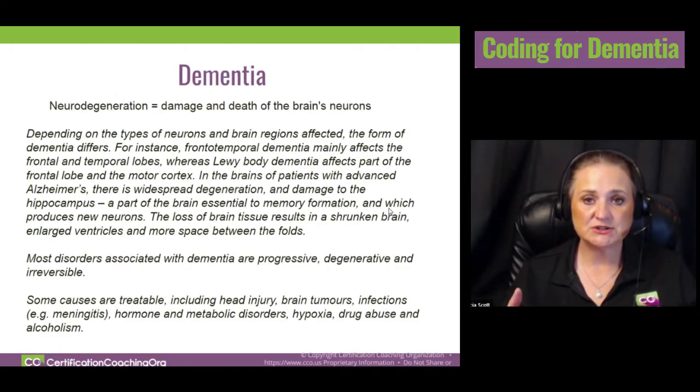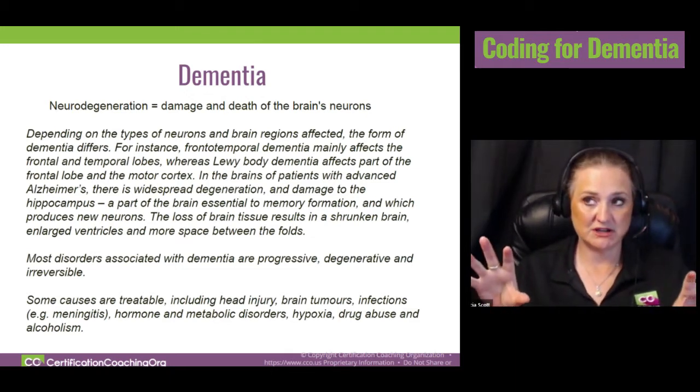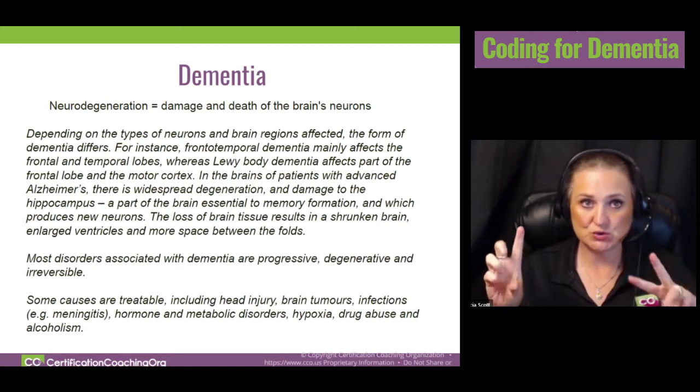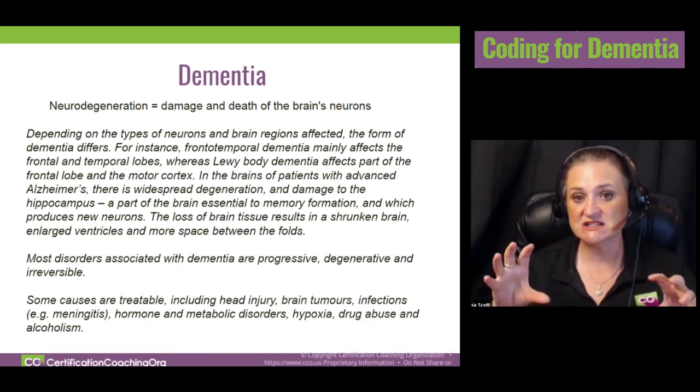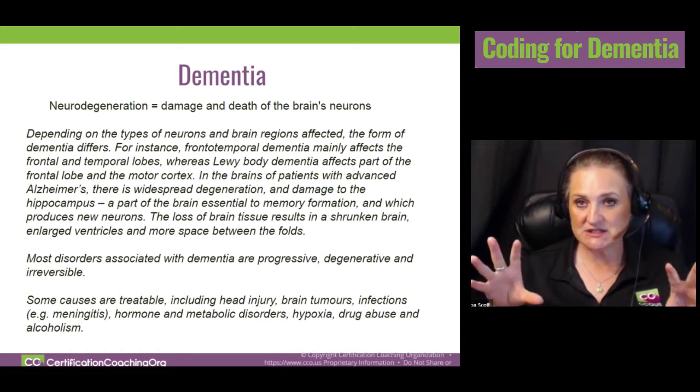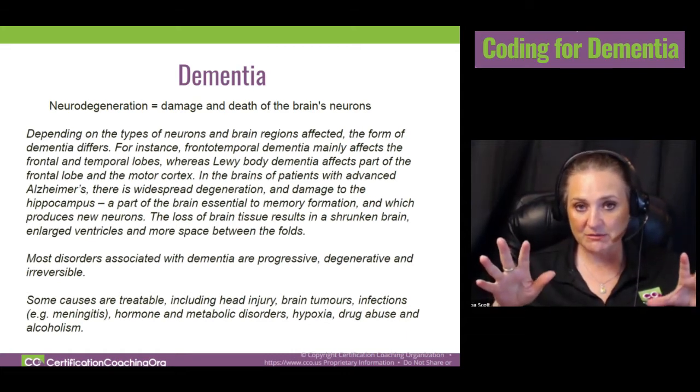So actually, when we talk about dementia itself, what is it? It's damage or death of the brain's neurons. Now, I'm trying to think of what year in school we started learning about the makeup of the cells. I was thinking it was junior high, but I could be wrong.